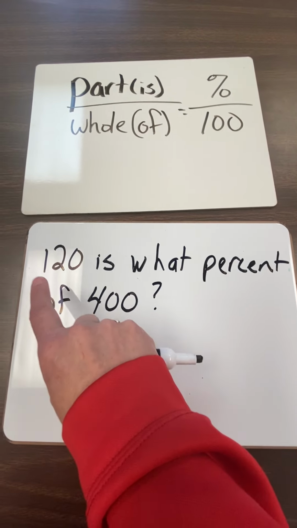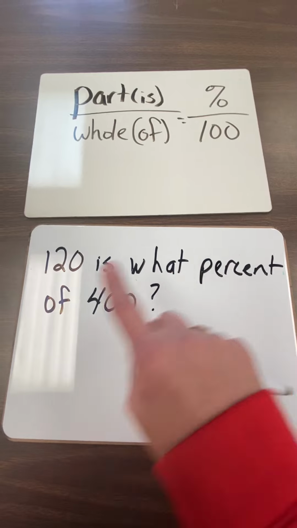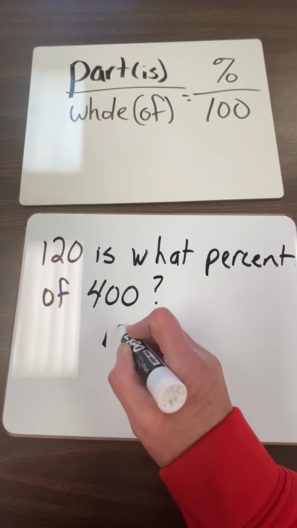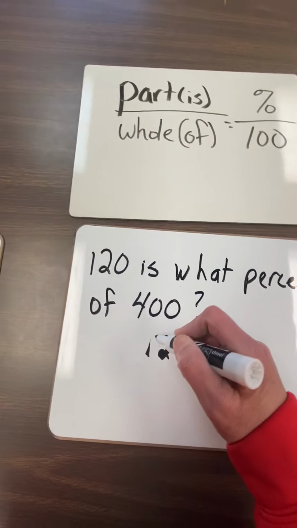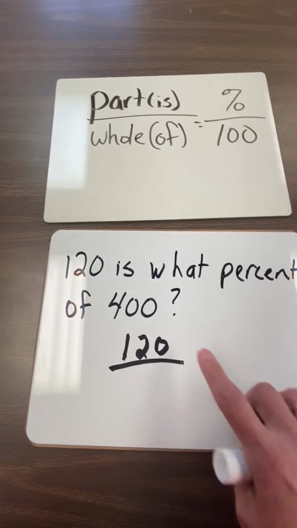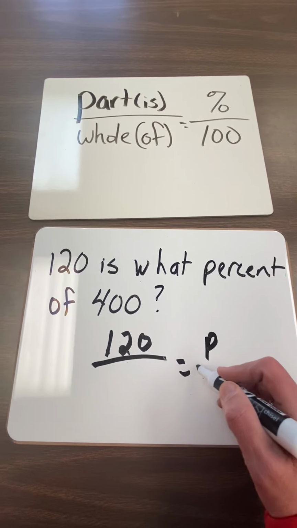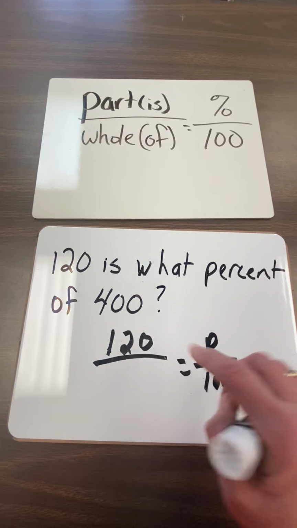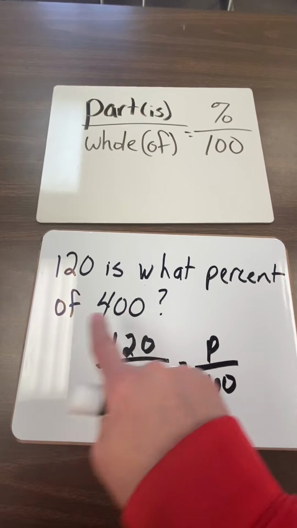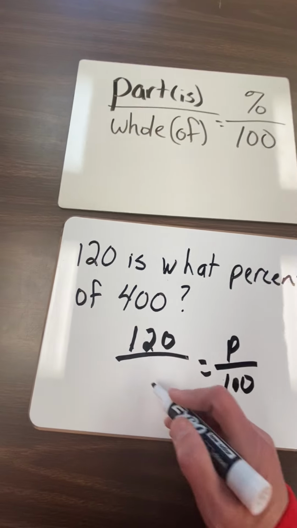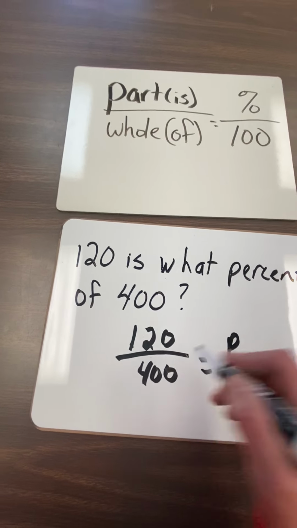Okay, let's look at it. 120 is what percent of 400? So 120 is the part because it's before the word is. Is what percent? We do not know the percent. Percent's always over 100. Of 400. 400 is after the word of, so it's the whole amount.